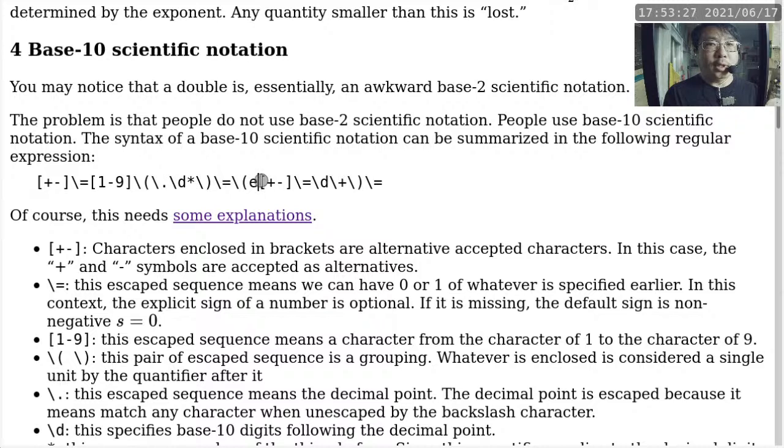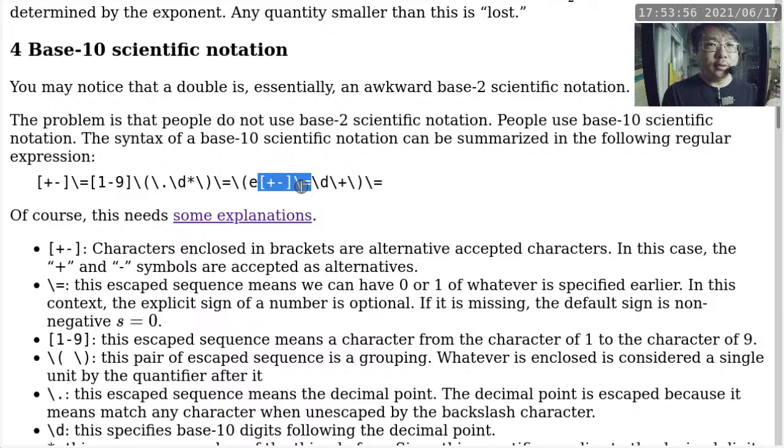It's followed by plus minus in square brackets, which means the next character is either a plus or a minus. But wait, there's more, because we also see the backslash equal again. So that means the plus minus is also optional. So E may be followed by a plus, by a minus, or by neither of the two.